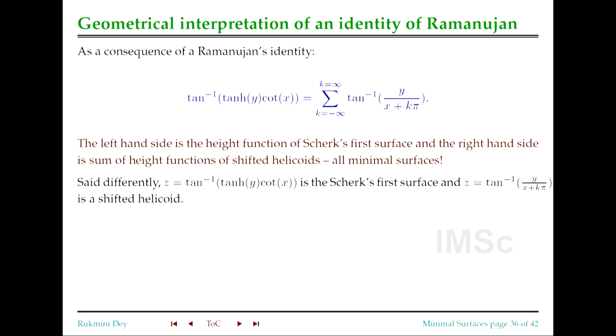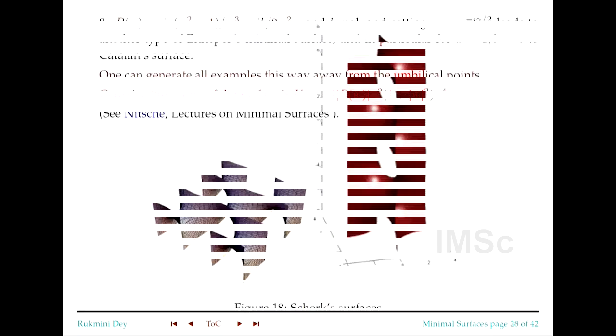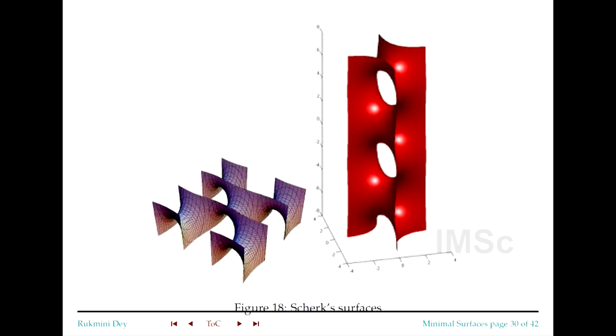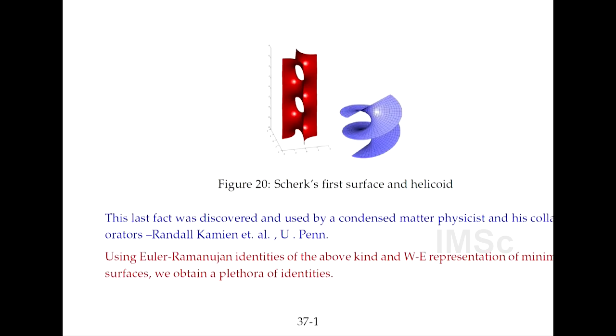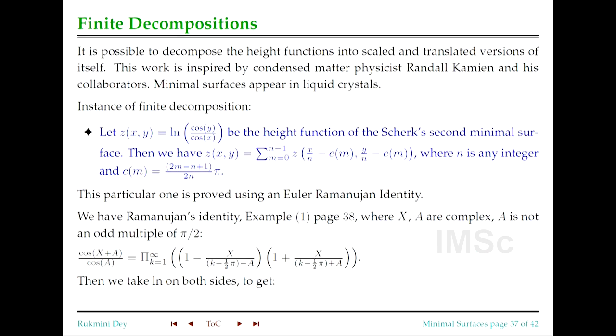the one with tunnels. This one is given by z is equal to ln of cosine y by cosine x. And that also is part of an Euler-Ramanujan identity, because this is the identity of Ramanujan: cosine of x plus a by cosine a is this.